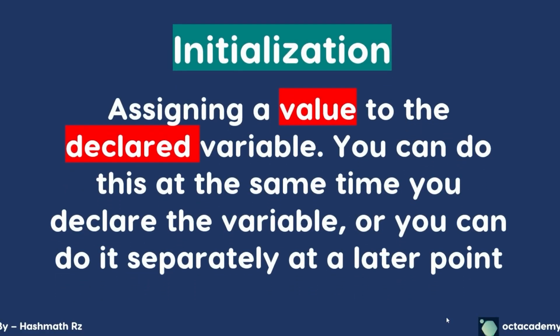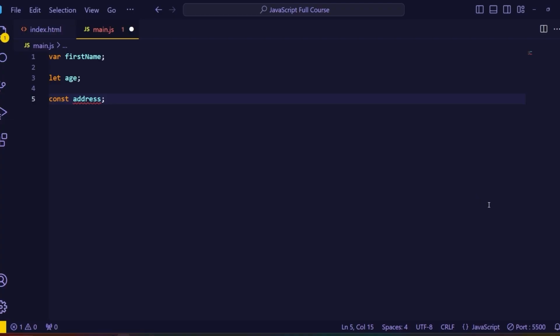So guys, initializing a variable in JavaScript means assigning a value to the declared variable. You can do this at the same time you declare the variable, or you can do it separately at a later point in your code. So let's see an example to clarify this. As I said earlier, we declared these variables, but we didn't assign any values to them, right?